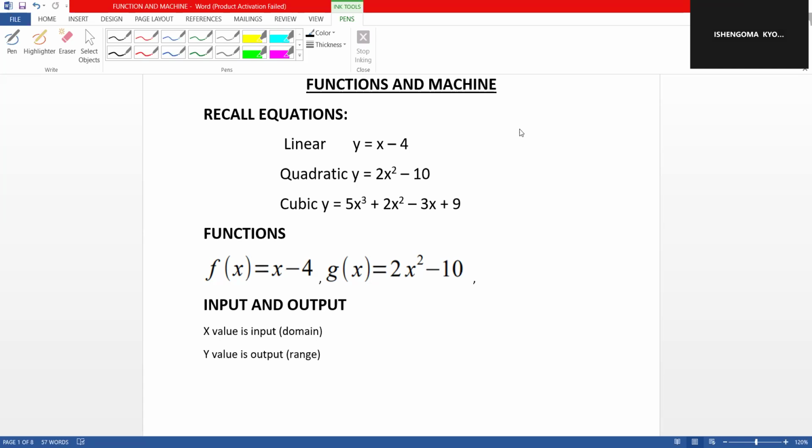We are looking at function machine. Now, before we move forward, we need to remind ourselves about an equation.